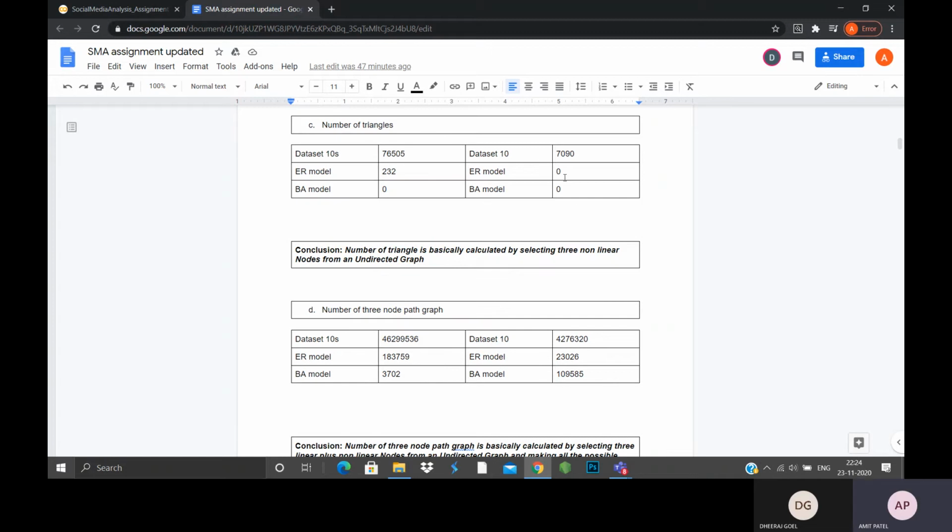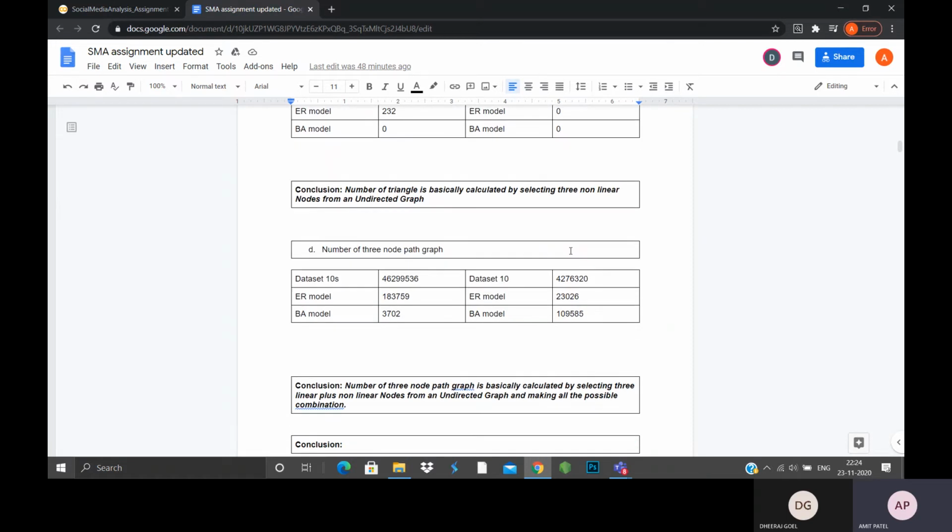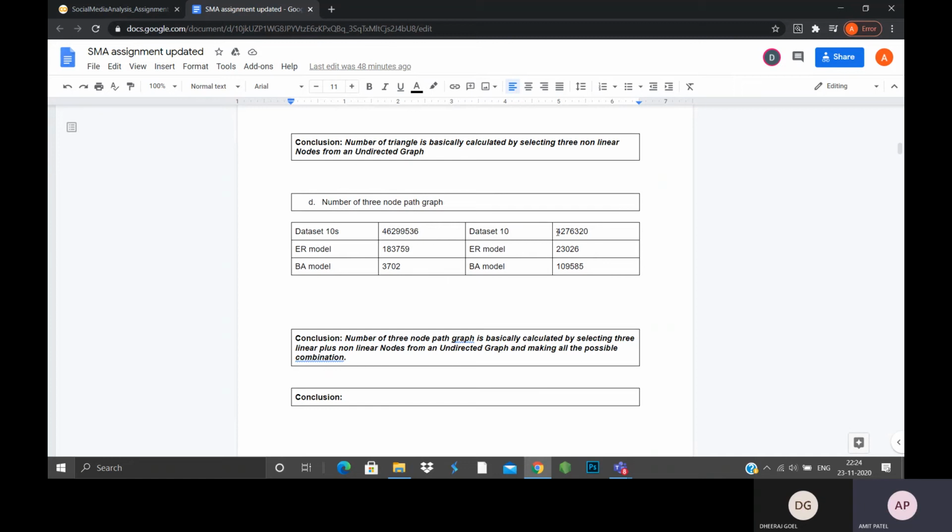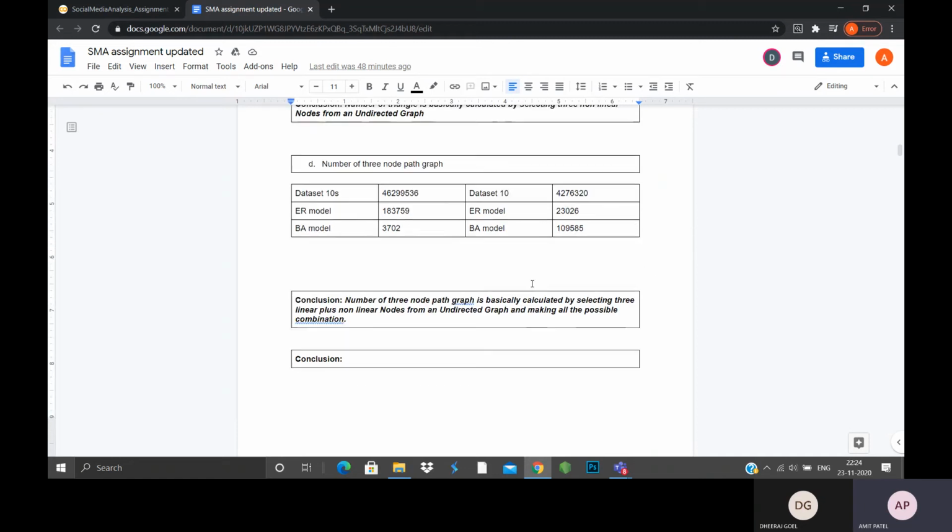Again, comes the number of three-node paths. The number of three-node paths is calculated by selecting three linear plus non-linear nodes from an undirected graph. It has all the triangles, and other than triangles, it has linear combinations of three nodes also, and combining them gives this large number, which was expected.